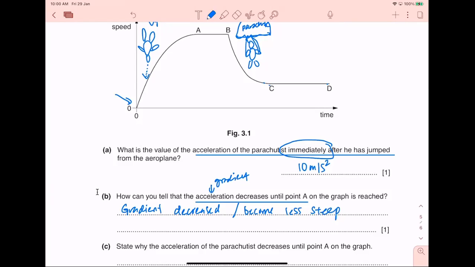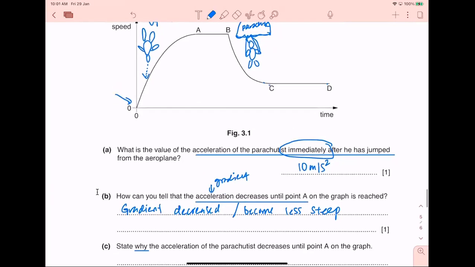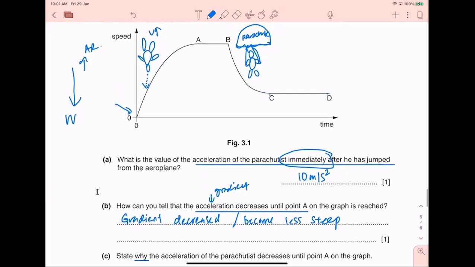Okay, all right. State why the acceleration of the parachutist decreases until point A. So now they ask you why. Like I said, at first when he is falling down, the weight is greater. The trick is here, your weight will not change. Actually, once you fall down, your weight is greater because at that point, the air resistance is smaller.